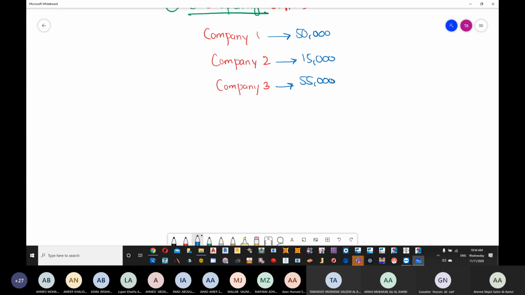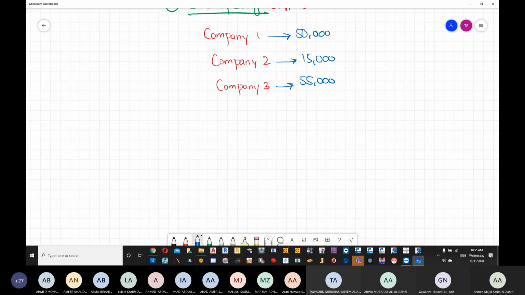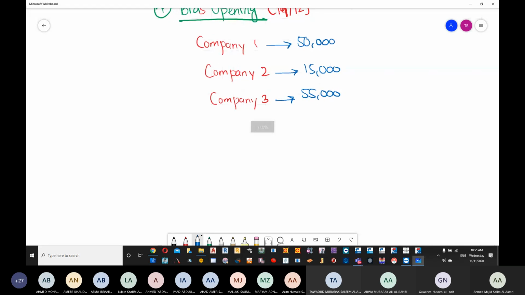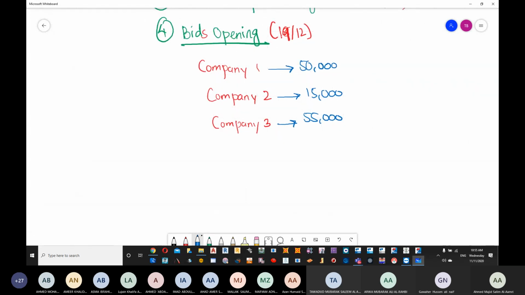Do you think? No. Okay. Now, how to say whether this 15,000 is a good value or a bad value? For me, how to know whether 15,000 is really having an issue or not?